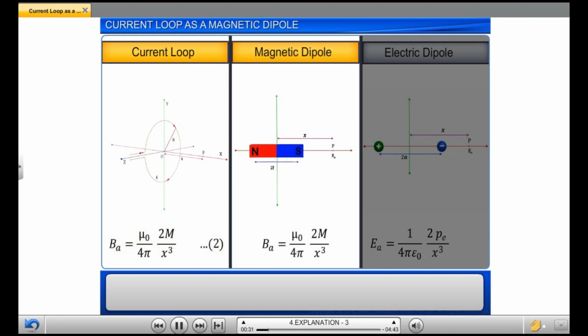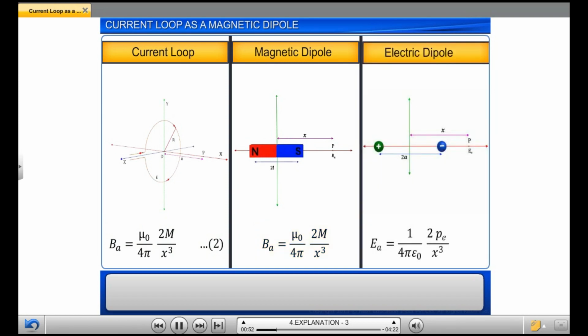We know that the magnetic induction at a point P on the axial line, at a distance x from the center of a magnetic dipole, BA is equal to mu naught by 4 pi into 2M by x cube, where M is the magnetic moment of the dipole.